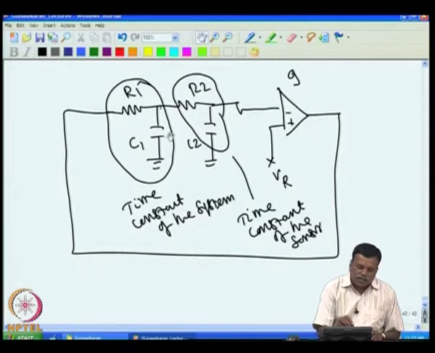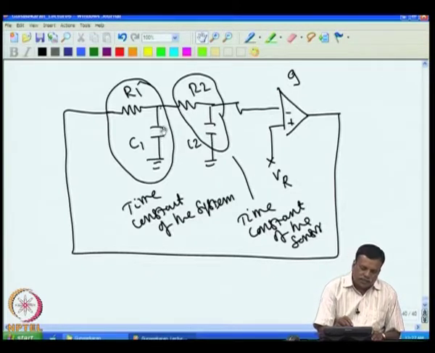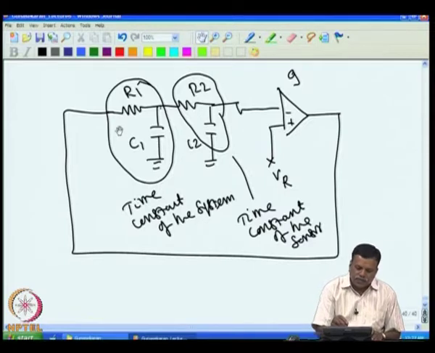We know that an RC time constant is a single pole filter, and this is also a single pole filter. Above the corner frequency, the attenuation provided by this is 20 dB per decade. That is, the attenuation increases linearly with frequency, and this attenuation also increases linearly with frequency.